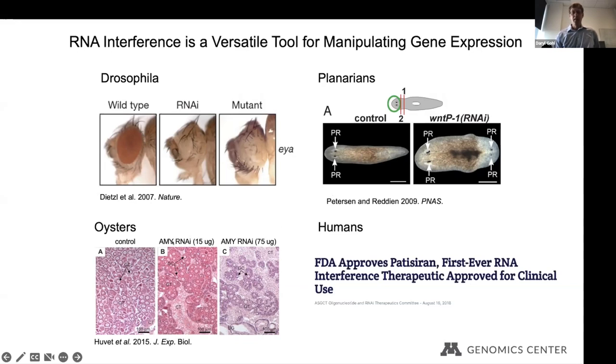In this oyster example, they actually were able to decrease the volume of the gonad with an injected RNAi construct. And in fact, this mechanism also exists in humans, and there are now even FDA-approved therapies that are based on RNA interference.